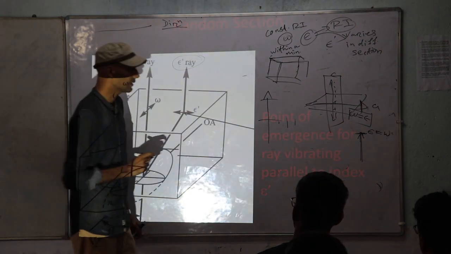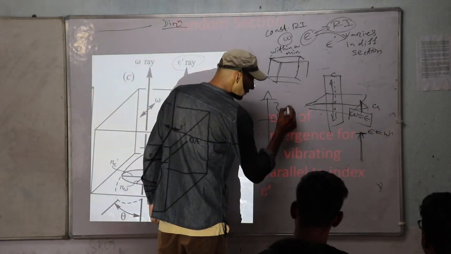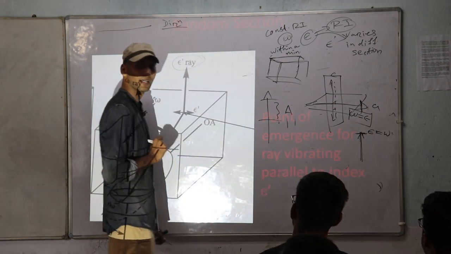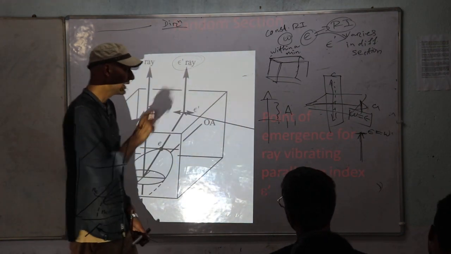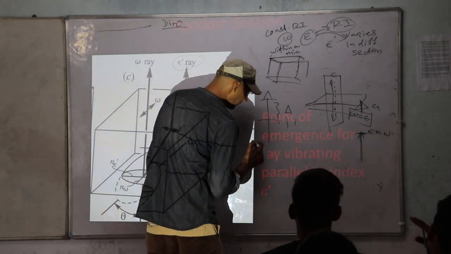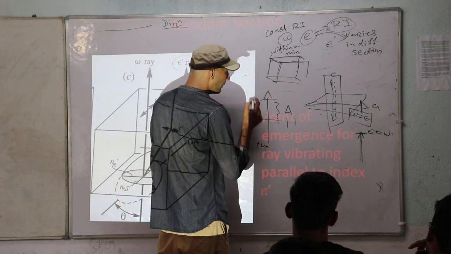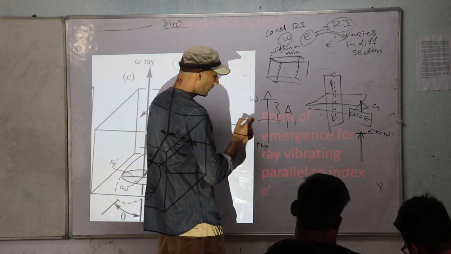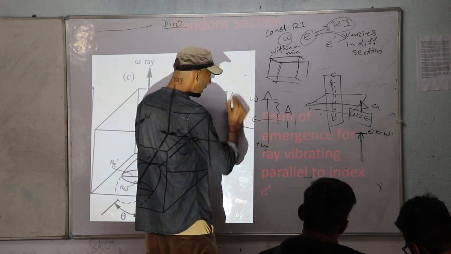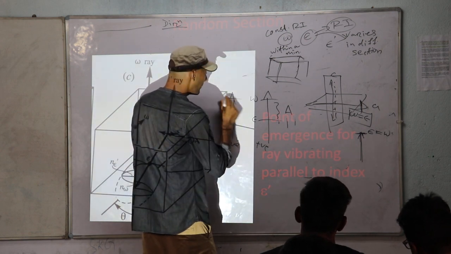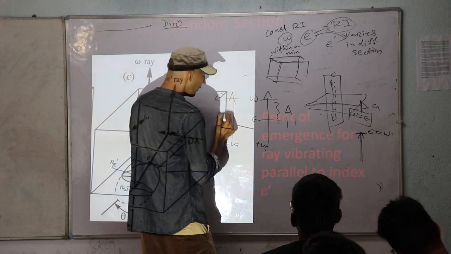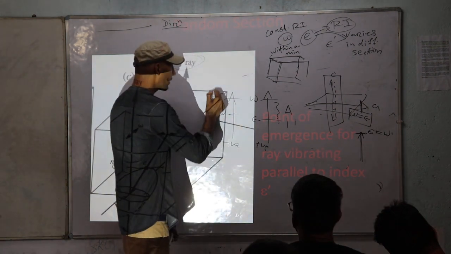This path difference is known as retardation, and that depends on whether the mineral is positive. If the mineral is positive, O ray will be faster, epsilon will be here. If the mineral is negative, then epsilon will be faster, O ray will be here. Okay, I am talking about velocity.